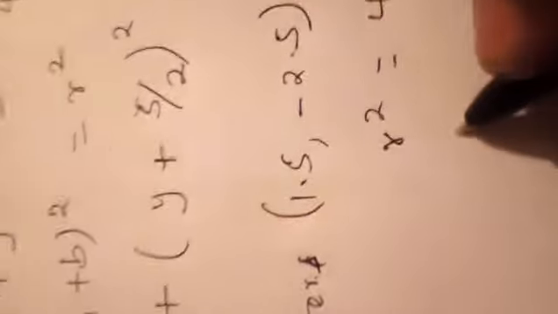So we can say r squared is equal to 4. So we want to get what r is. R is the square root of 4, which is actually 2. So we can realize that the center is 1.5, 2.5.